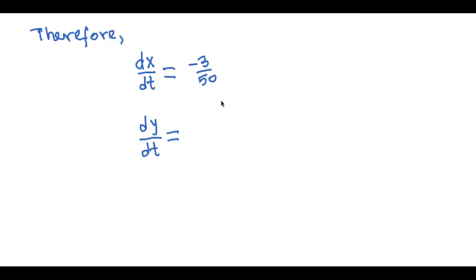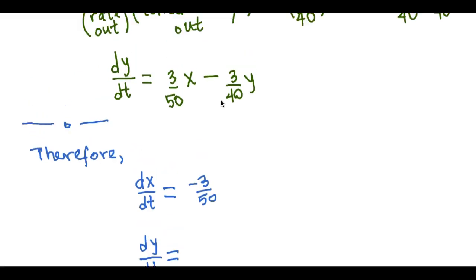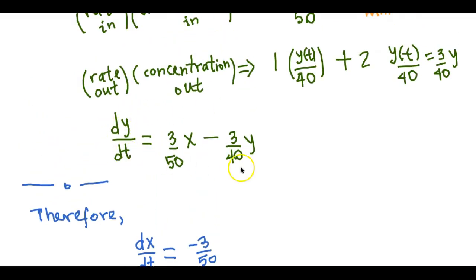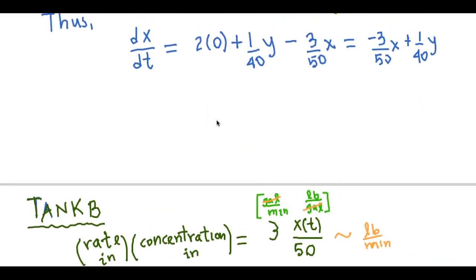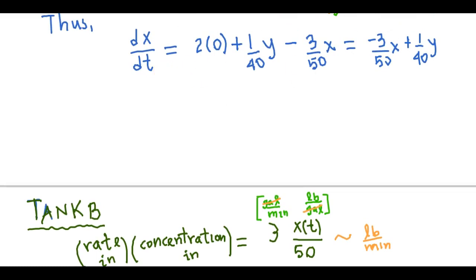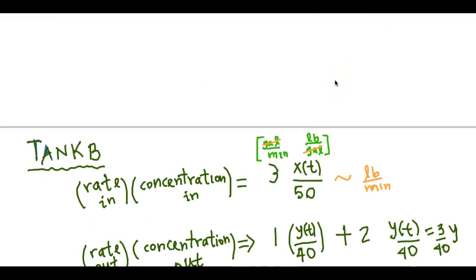So we're going to write the information we derived together. Each differential equation involves both state variables x and y. So let's go to the differential equation for x, which is dx/dt equals minus 3 over 50 x plus 1 over 40 y.